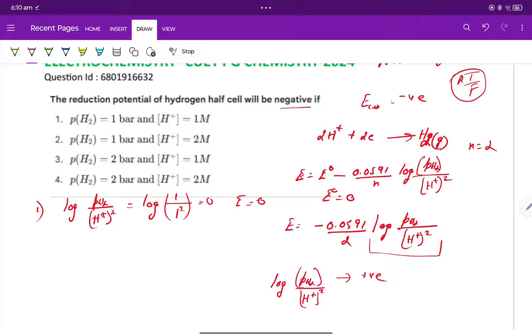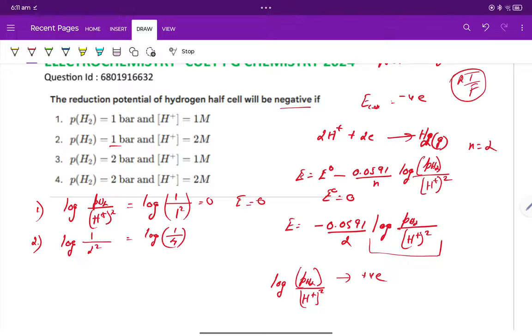Now let us check the second option. Again, simplifying, it is log of 1 divided by square of 2, since pH2 is 1 bar and H plus is 2 molar. So 1 by 2 square will be log of 1 by 4, which is 0.25.